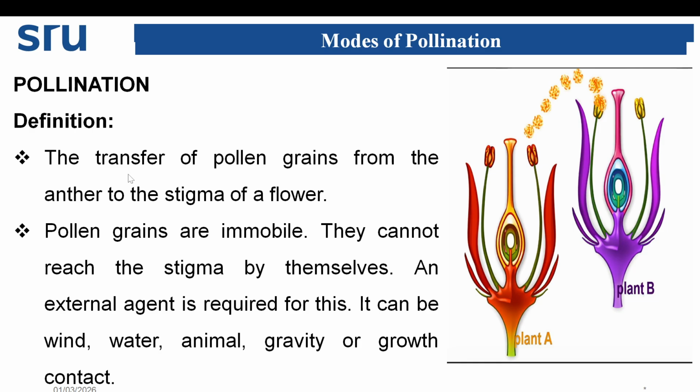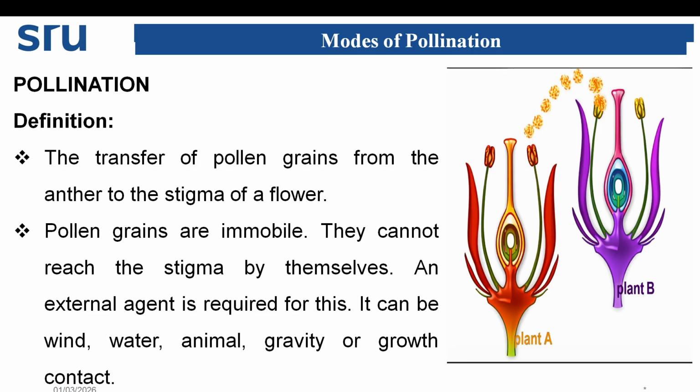Pollination is the transfer of pollen grains from the anther to the stigma of a flower. Like this, in the figure you can see the transfer of pollen grains from anther to the stigma, right? These pollen grains are immobile. That means they cannot reach the stigma by themselves.